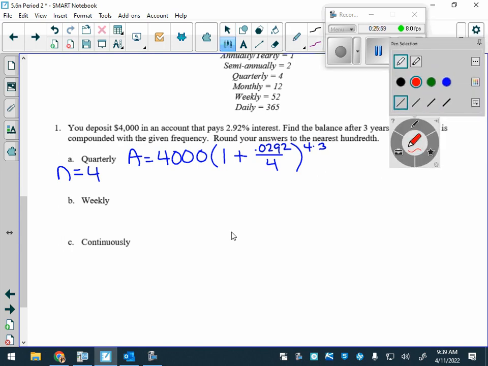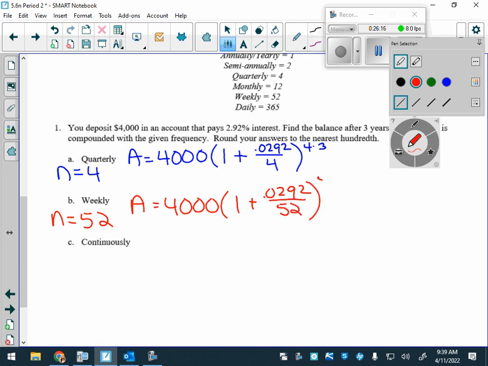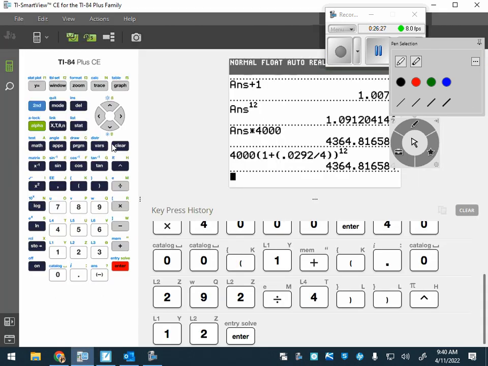Good. Instead of n equals 4, it'll be n equals 52. Everything else is the same besides where n is. Back to the calculator.